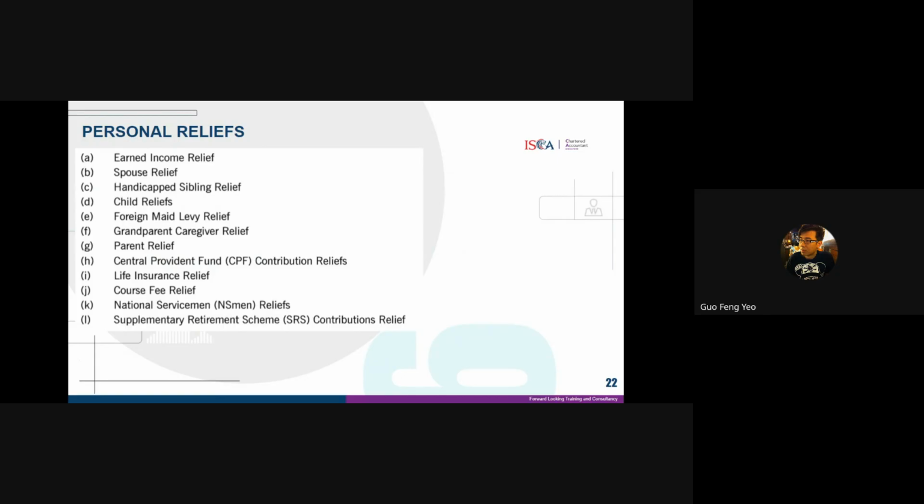E, foreign maid levy relief. F, grandparent caregiver relief. G, parent relief. H, Central Provident Fund CPF contribution reliefs. I, life insurance relief. J, course fee relief. K, National Servicemen NSmen reliefs. And L, Supplementary Retirement Scheme SRS contributions relief.